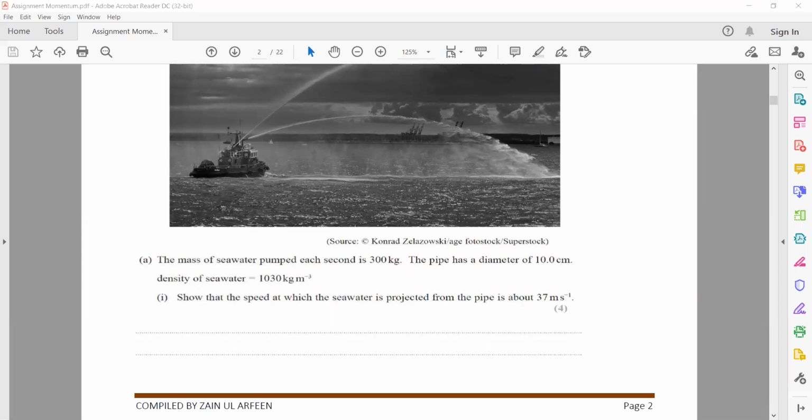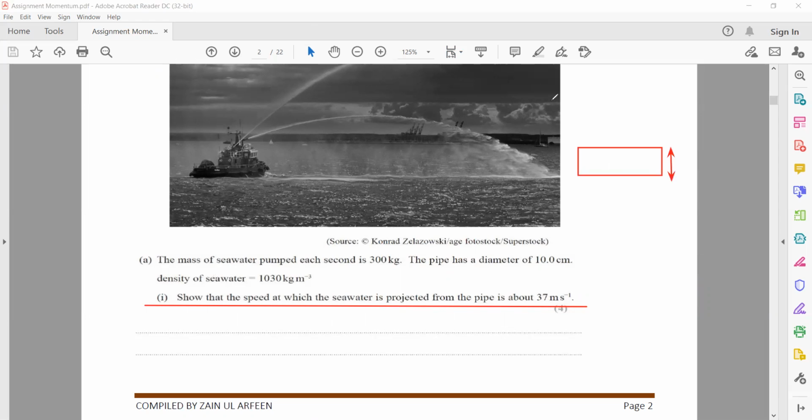So first, because we need the speed here, speed is distance divided by time. And the pipe has a diameter. The diameter of the pipe, from which the water is coming out, is given.